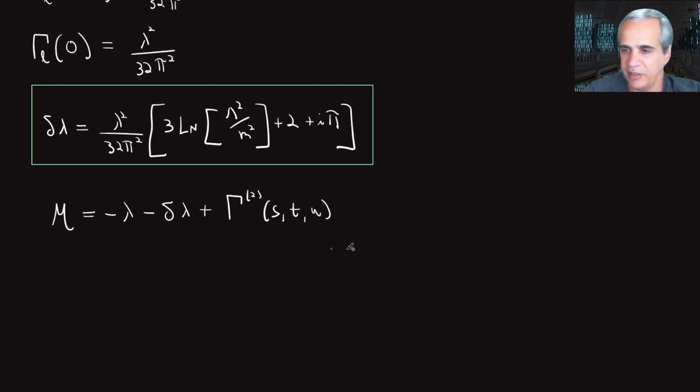This is where I define the counter term, which comes straight from the renormalized Lagrangian. Plus contributions of order lambda cubed.